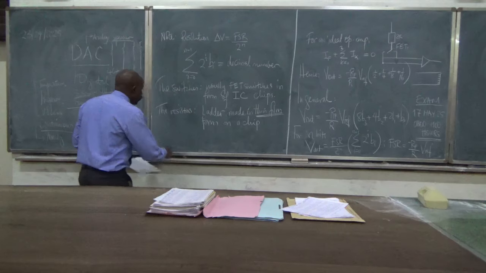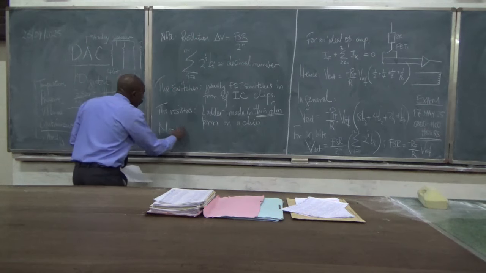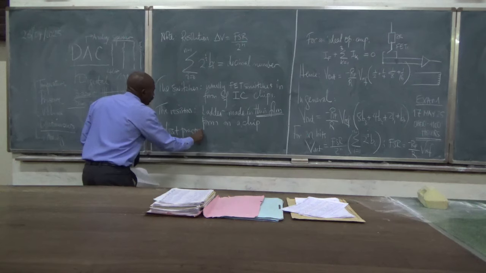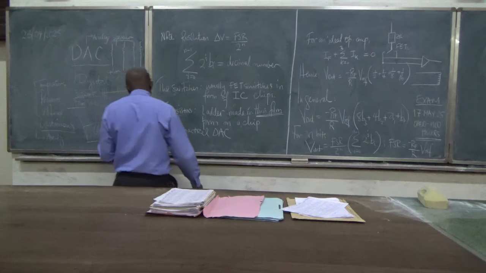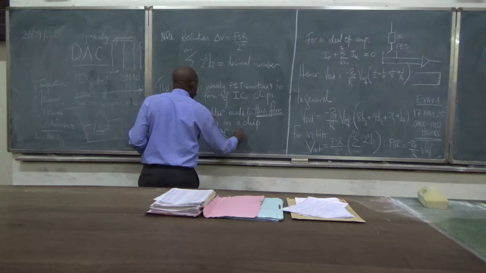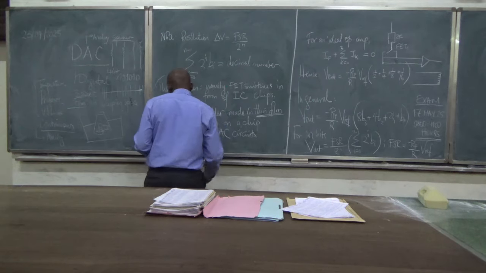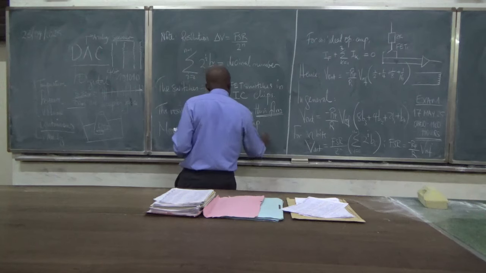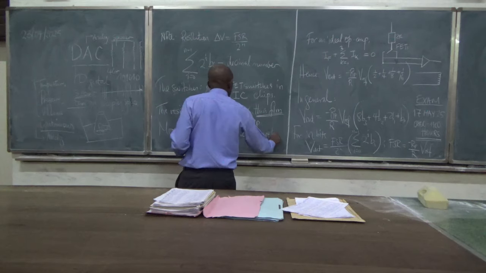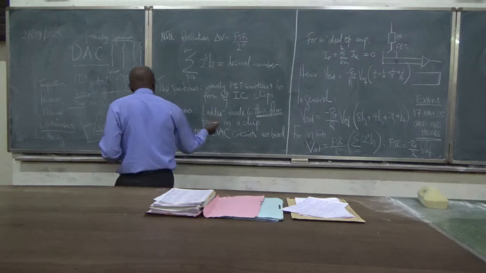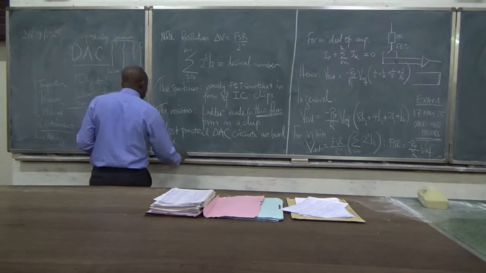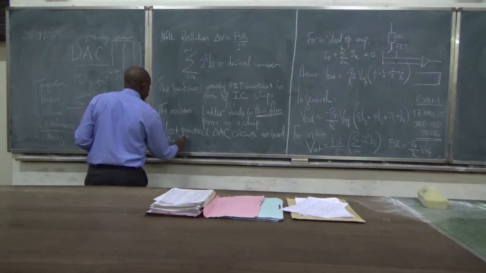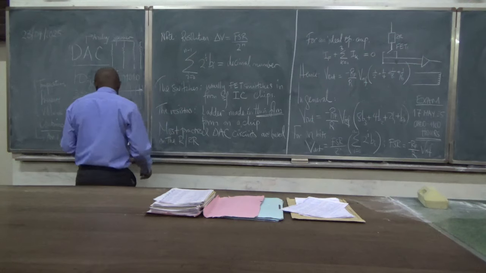Most practical digital to analog converter circuits are based on this R-2R ladder method.